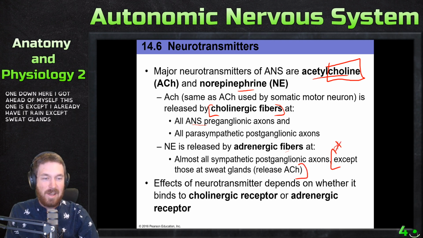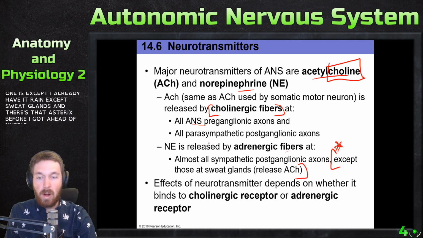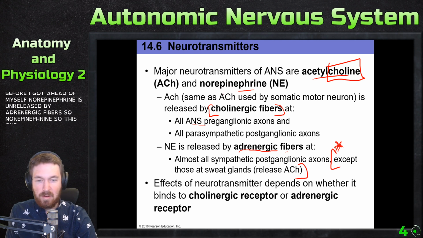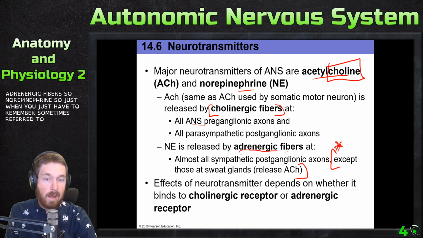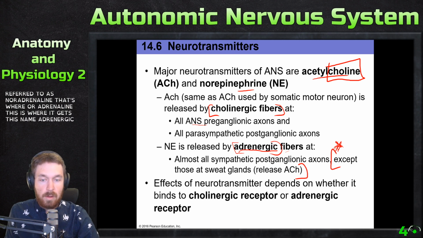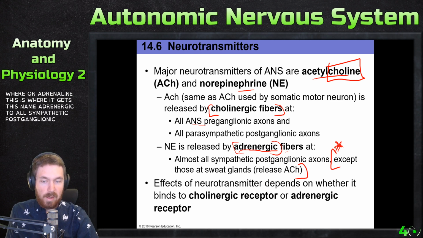There's that asterisk we drew before. Norepinephrine is then released by adrenergic fibers. This one you just have to remember, sometimes it is referred to as noradrenaline, or adrenaline, and this is where it gets the name adrenergic. So all sympathetic postganglionic axons except sweat glands.